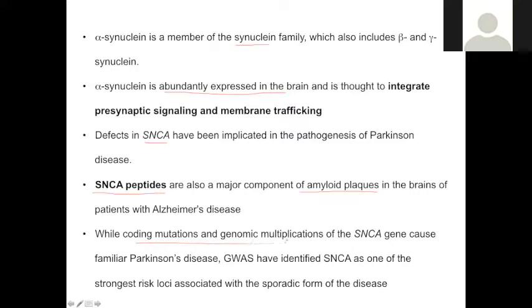Coding mutations and genomic multiplications or gene copy variants of this gene cause familial Parkinson's disease, whereas rare variants and common variants, such as we'll talk about today, are associated with the sporadic form of the disease.